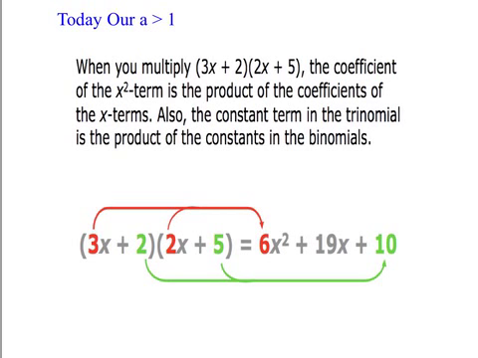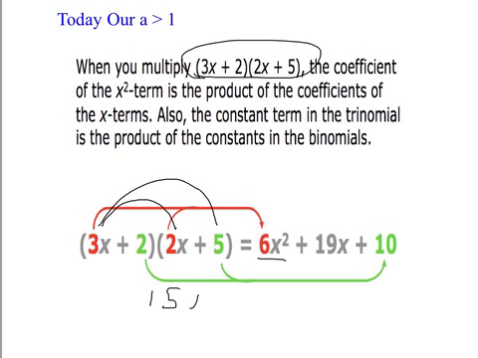Here, if you take a look, are two binomials. And if I multiply those two binomials together, notice, drawing my rainbows, 3x times 2x gives us 6x squared. 3x times the 5 gives us, of course, 15x. 2 times 2x gives us plus a 4x.